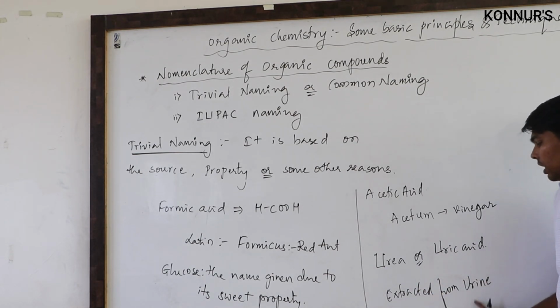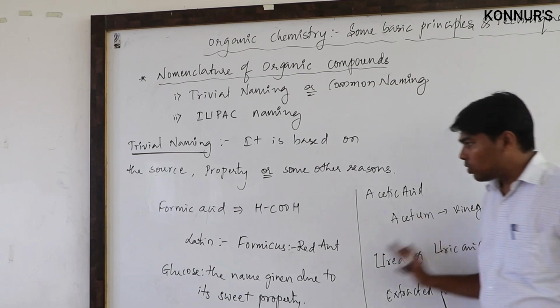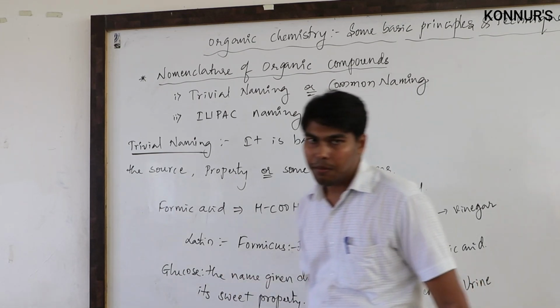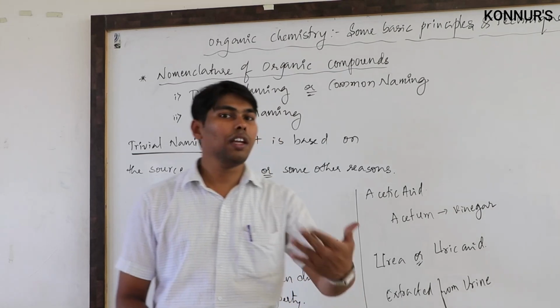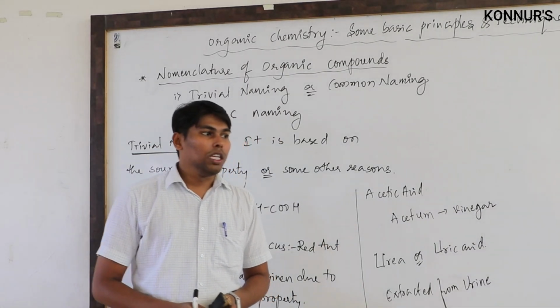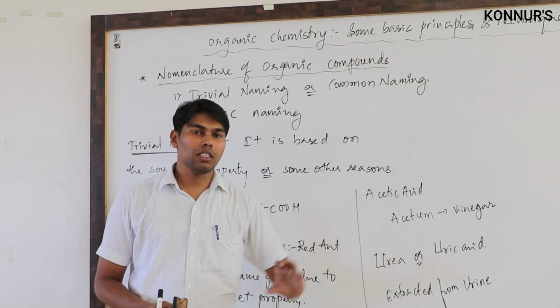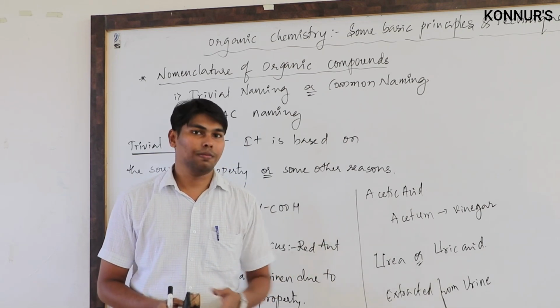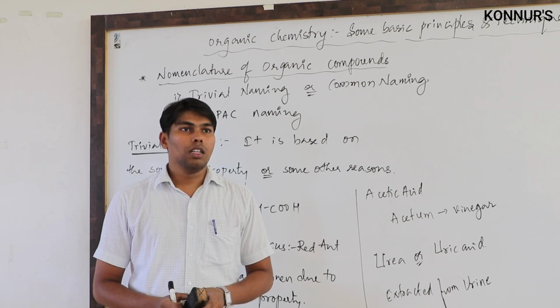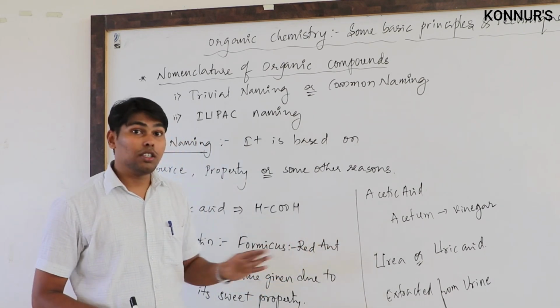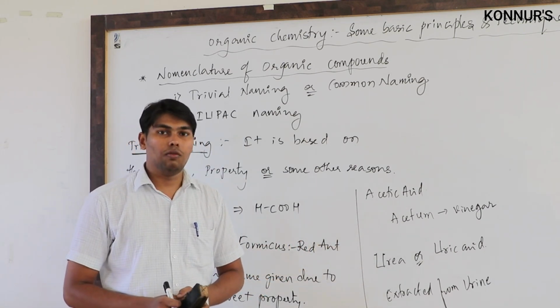Thus, these are based on their sources and this is based on their property. Like that, trivial naming is given. Trivial naming doesn't have any perfect reasons, it will not follow one method. So this is not practiced uniformly throughout the world.